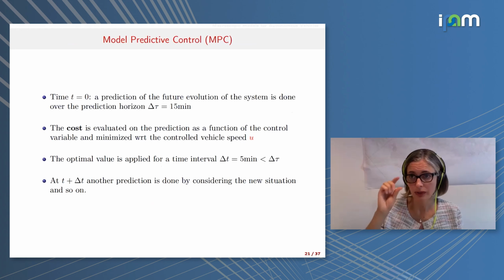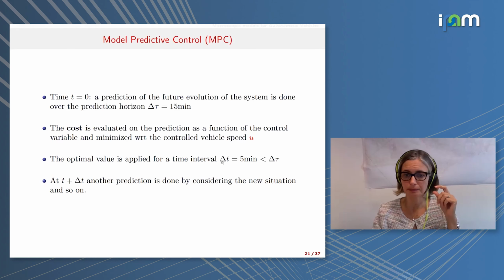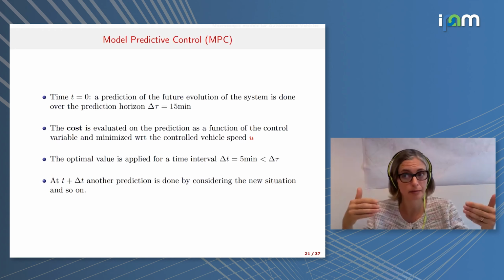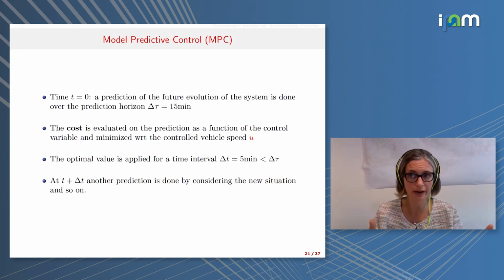Instead, we run the optimization on a smaller interval of 15 minutes. We apply the optimal control on an even smaller time interval of 5 minutes, and then we start again. So it's a real-time optimal control process that we are carrying on.